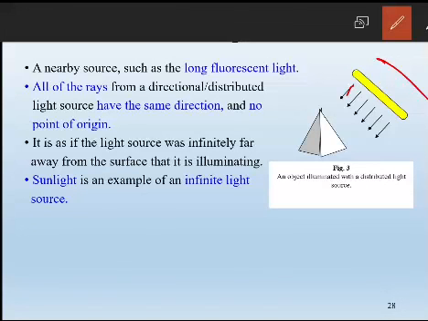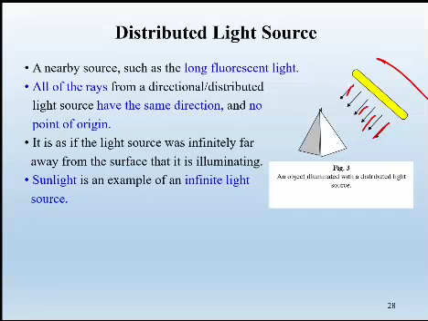You can see here they all have the same direction and no point of origin. In the point light source only one point is there, here there is no point of origin. It is as if the light sources are infinitely far away from the surface that they are illuminating. Sunlight is an example of this, a distributed light source.